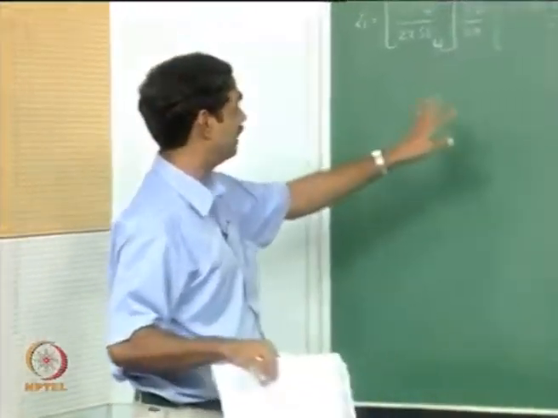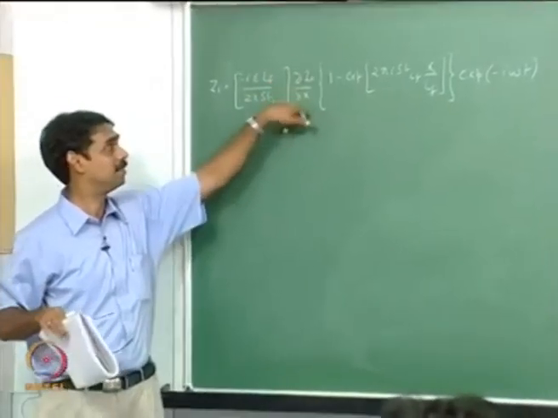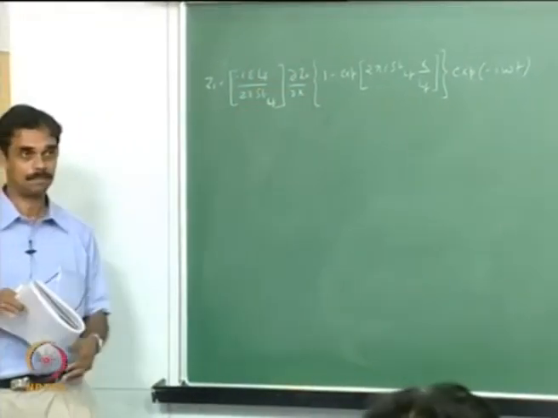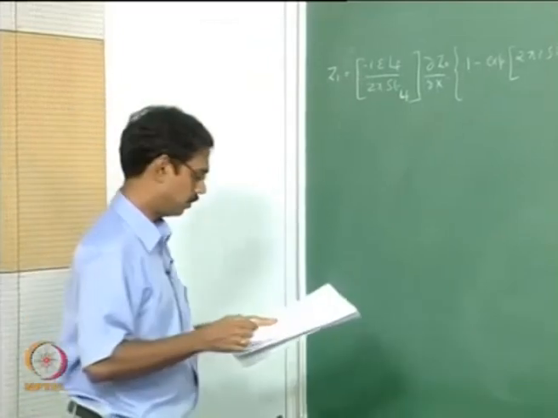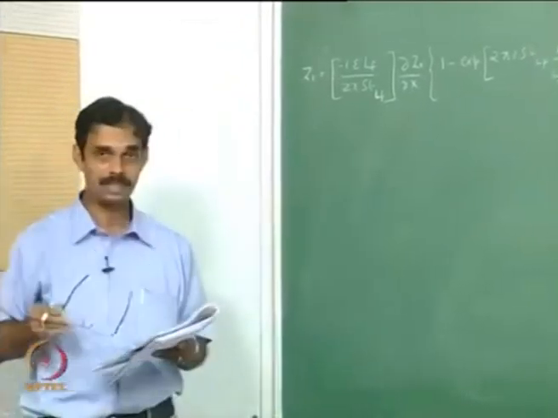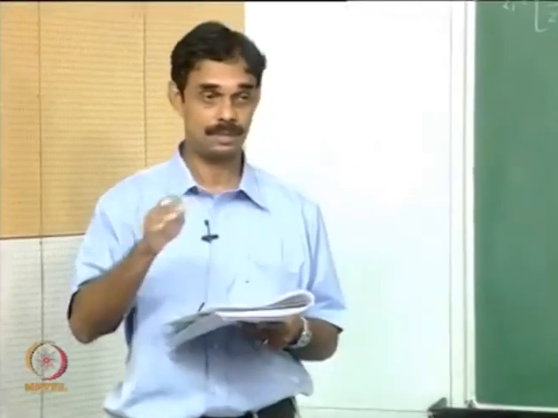And the big mess in the beginning, most of those terms can be clubbed into dz0 by dx, because that is coming from that particular integral which is coming from this term being on the right side forcing the equation. So to find the flame sheet, how do we look for the flame sheet or the flame surface?